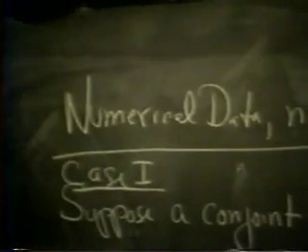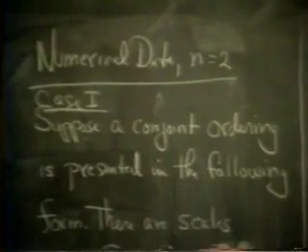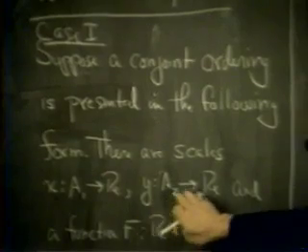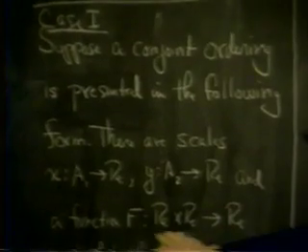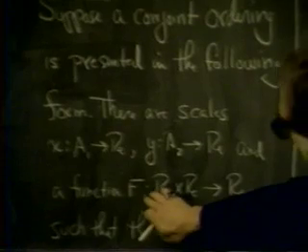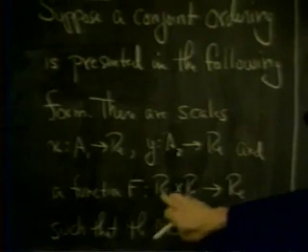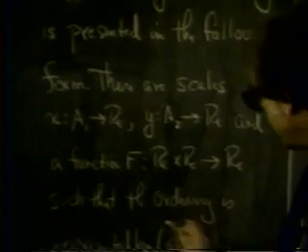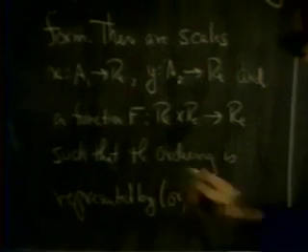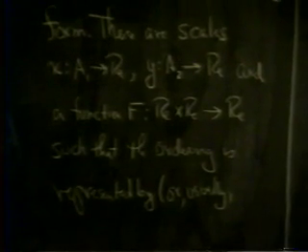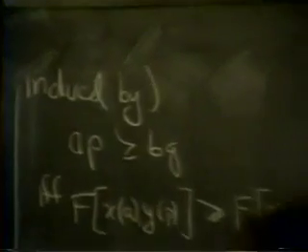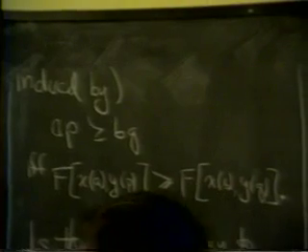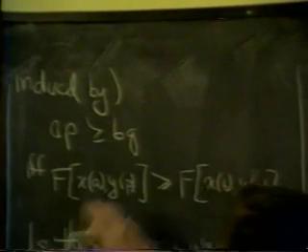I want to then consider the following general situation. There are scales X from the first component into the reals, Y from the second component into the reals, and a function F, capital F, that maps the reals, or it'll turn out really subsets of the reals, into the reals, such that the ordering in the conjoint case is represented by, or usually induced by, the numerical function F. In practice you don't have the ordering given independently of its induction through this function.